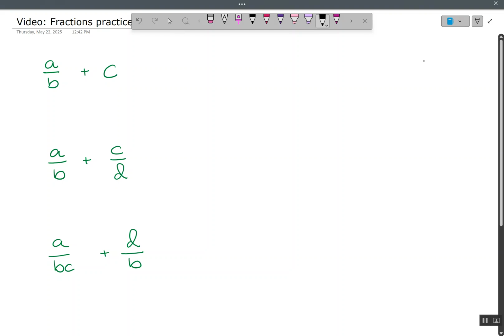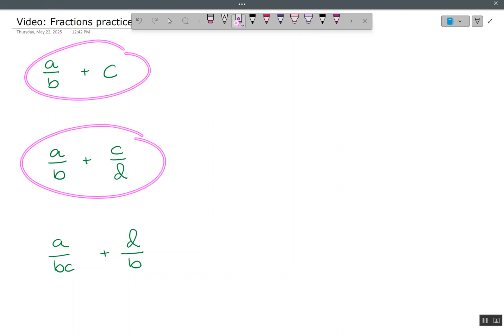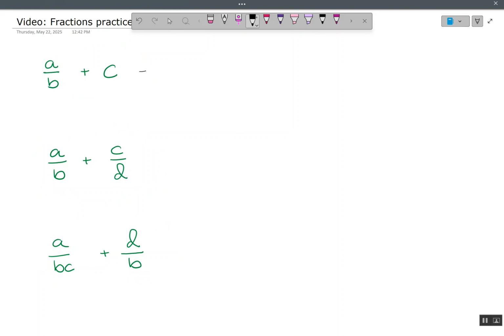Okay, let's do some practice with fractions leading up to a problem involving limits. So we've got various situations here. In this first one, we don't have a fraction on the second one, so we can make the second one a fraction by multiplying by the denominator on the left, right?